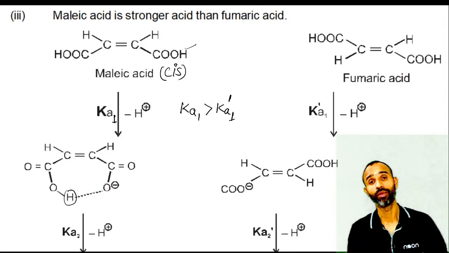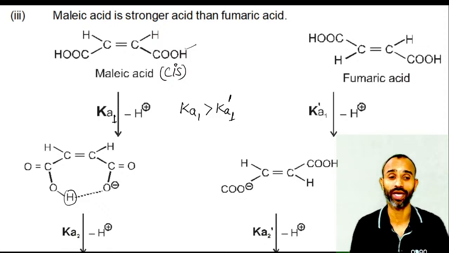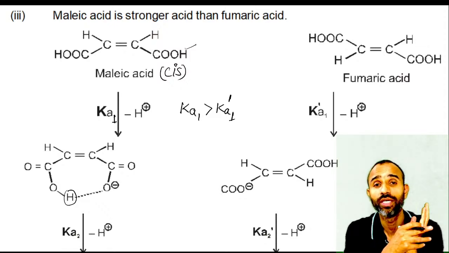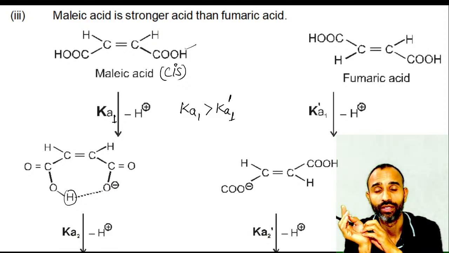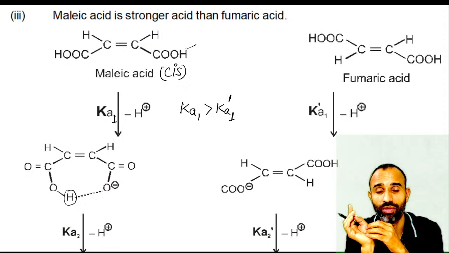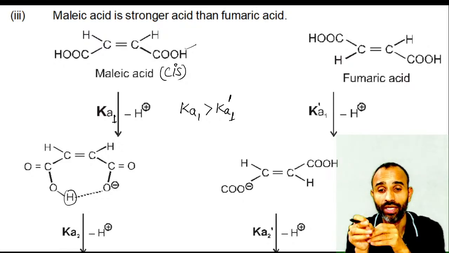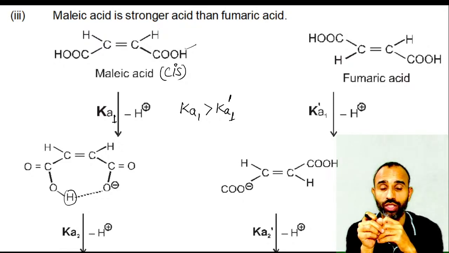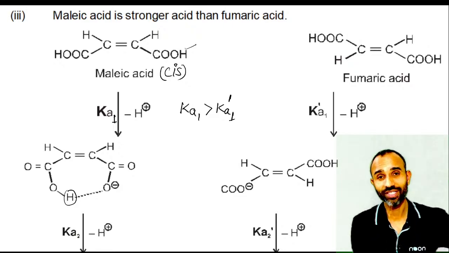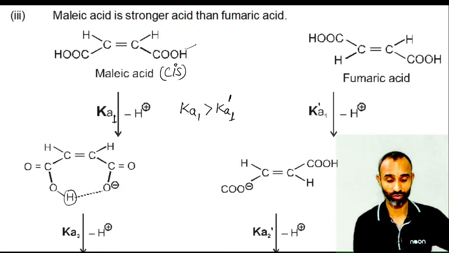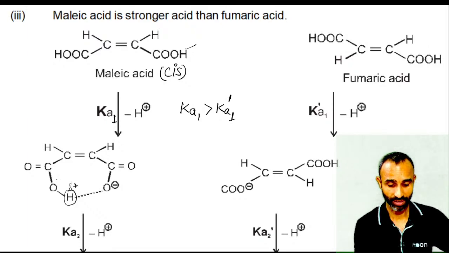Why? Because after removing H plus ion, the product formed is stabilized by hydrogen bonding. Anion is stabilized by hydrogen bonding. But in fumaric acid, it is not possible. But its disadvantage is that this hydrogen gets bonded.